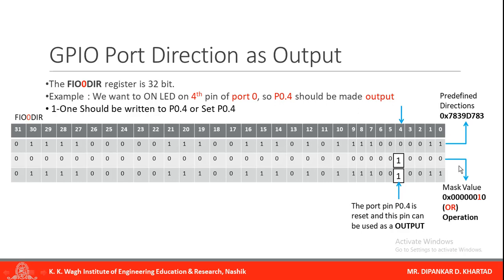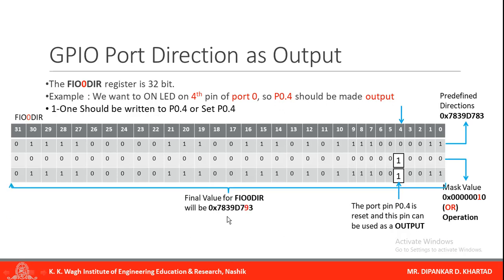So we have to use the OR operation, because if you use the AND operation, then what will happen? 1 and 0, so all of this will be an input. So you have to use the OR operation. Previous predefined direction was this one. So after the ORing operation, its final value will be this one.